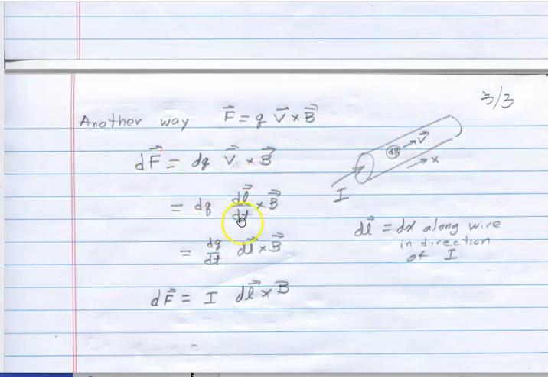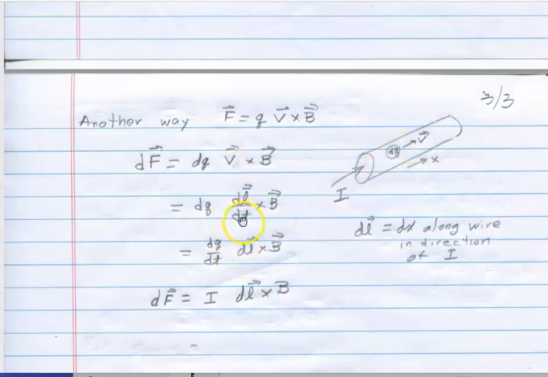And velocity, I could write that as dr vector over dt, but to me, dL vector is a dr vector along the wire. In this case, x, it's dx, but it's in the direction that the current's going through it. So velocity is the displacement, dL vector, in this case along the wire, over dt, and that will give me the velocity down the wire.